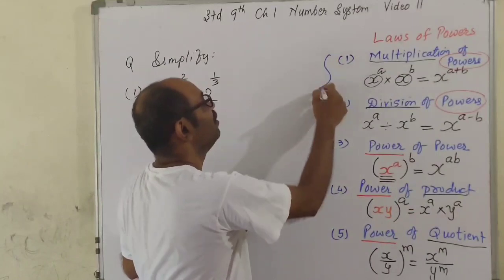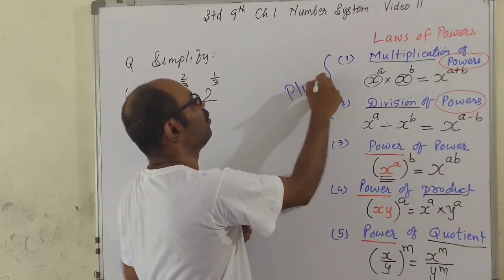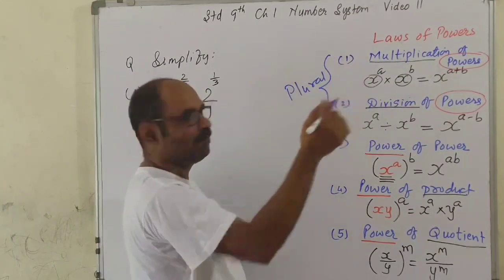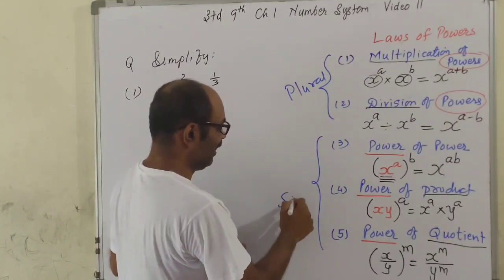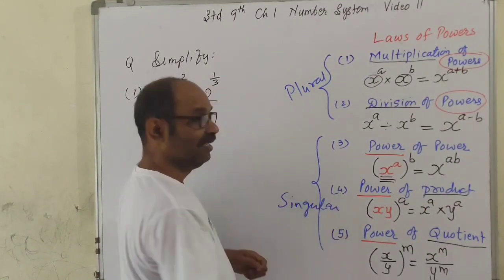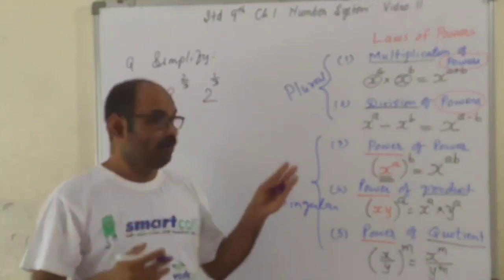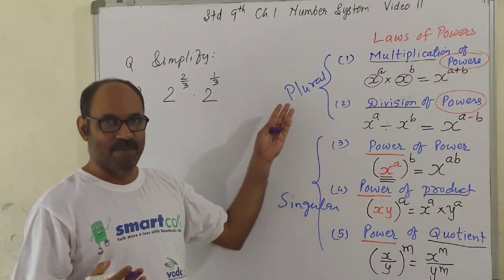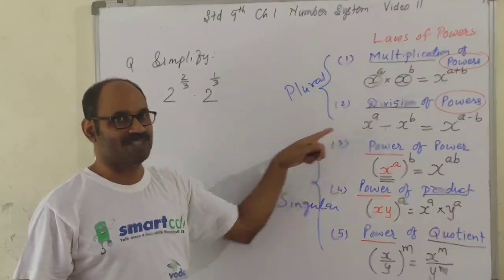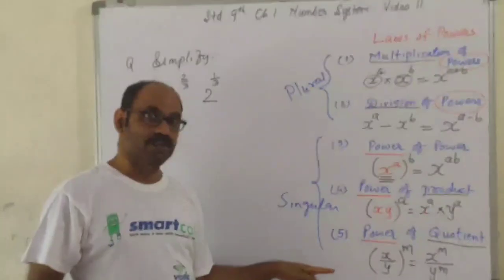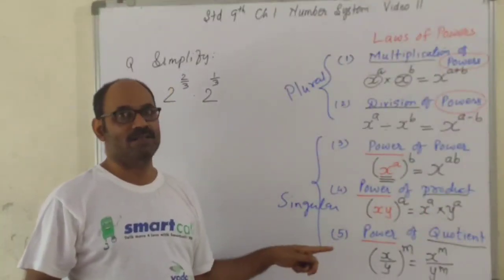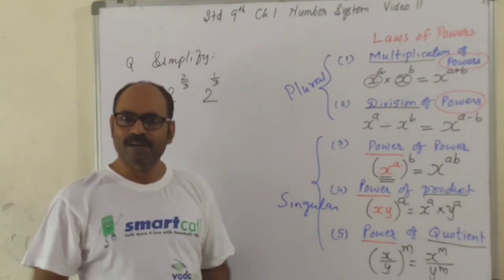First, see, when you have more than 1 power, plural, that is 2 or more, and a single power, singular, correct? If you have a plural number of powers, you are going to use the first 2 laws. And if you have a single power, you are going to use the last 3 laws. Whatever is applicable, you use.